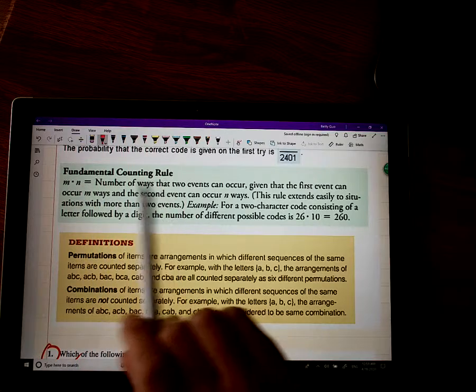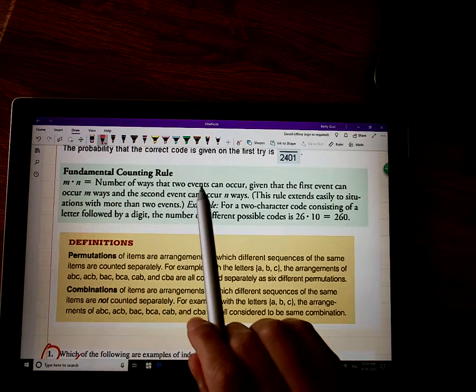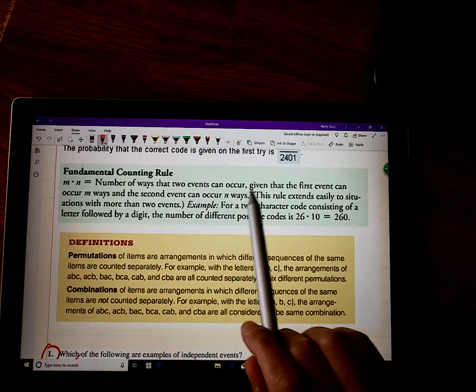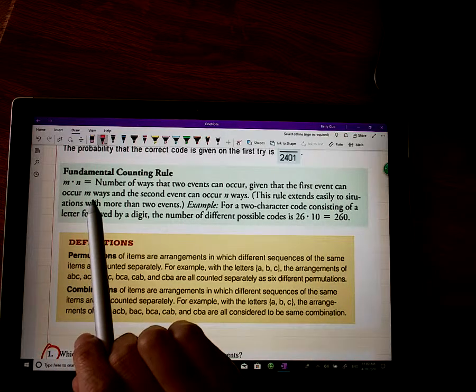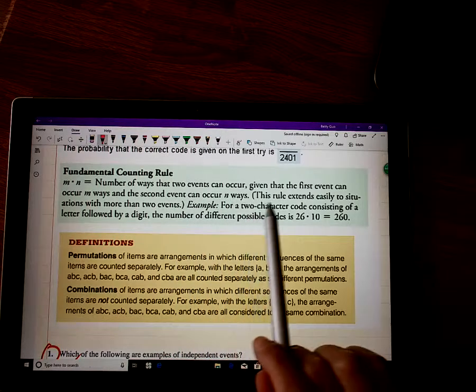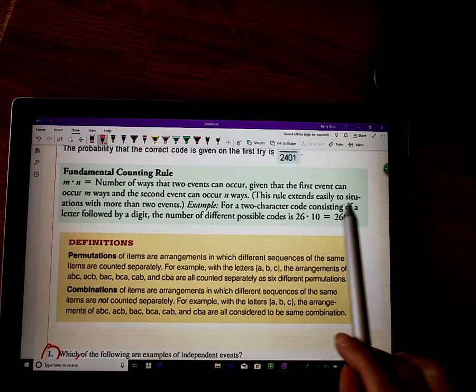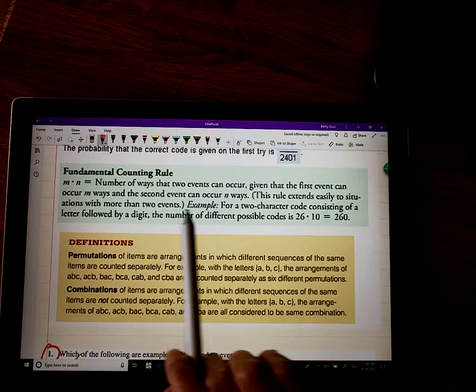Fundamental counting principle or counting rule: m times n equals the number of ways that the 2 events could occur, given that the first event could occur m ways and the second event can occur n ways. This rule extends easily to situations with more than 2 events.